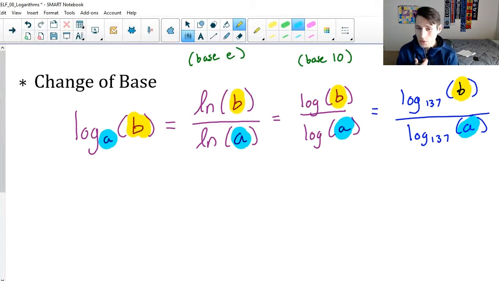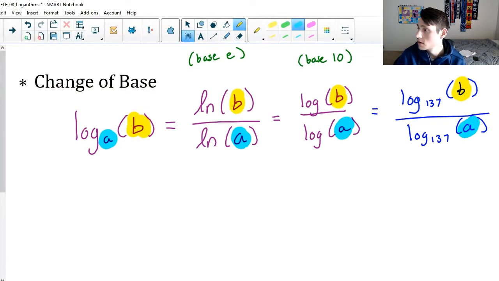Again, we will probably use natural log and common log the most, because those are the easiest. A good reason for doing this is so that we can use our calculators to quickly do something.